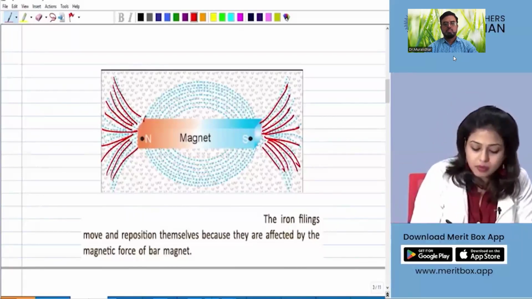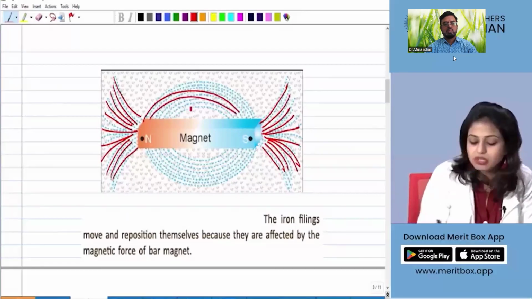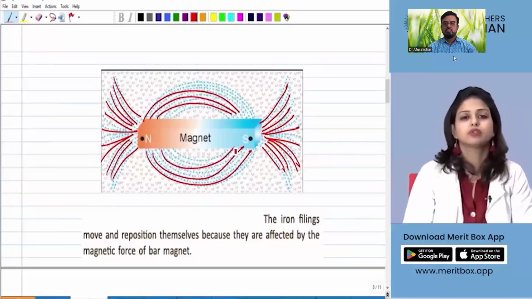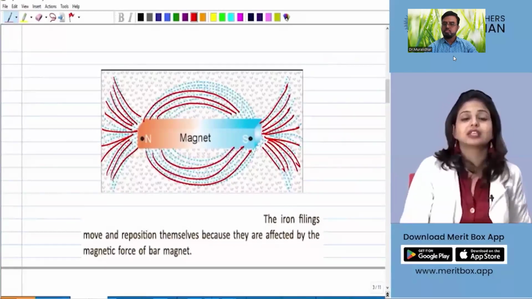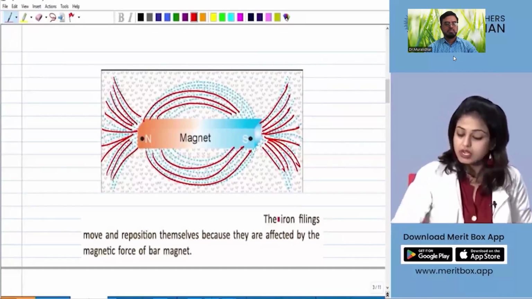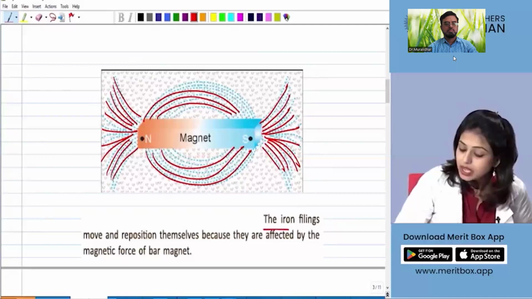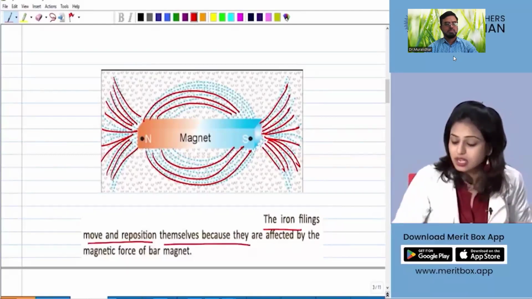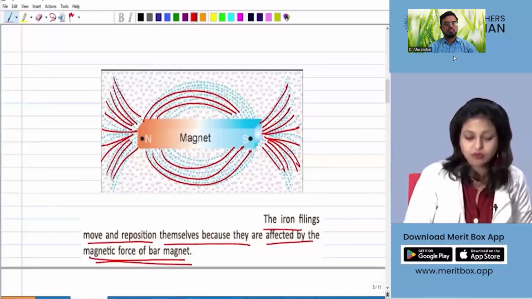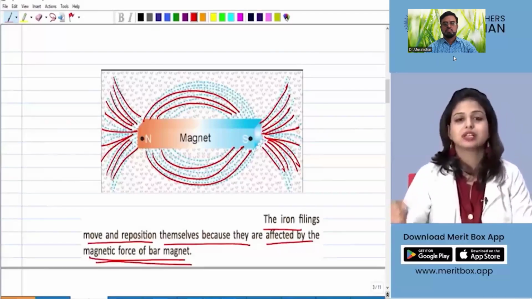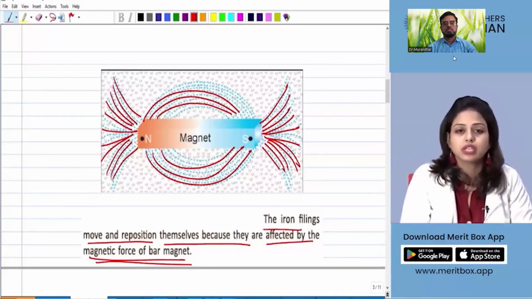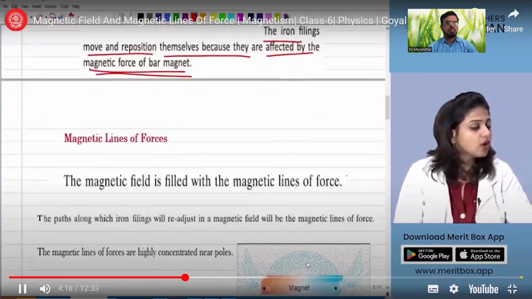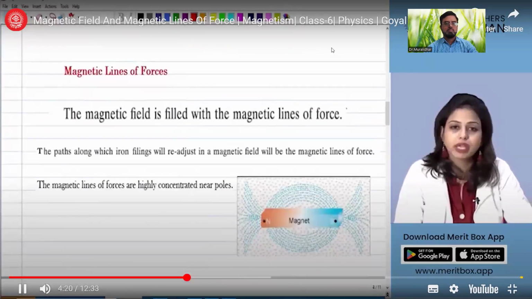And from the pole, you can see there are some concentric circles drawn from both the poles of the magnet, right? These things are defined as the magnetic field. Now, how do we define it? The iron filings move and reposition themselves because they are affected by the magnetic force of the bar magnet. So, this is the reason why my iron filings are arranging themselves in the pattern that you can see in the image, right?